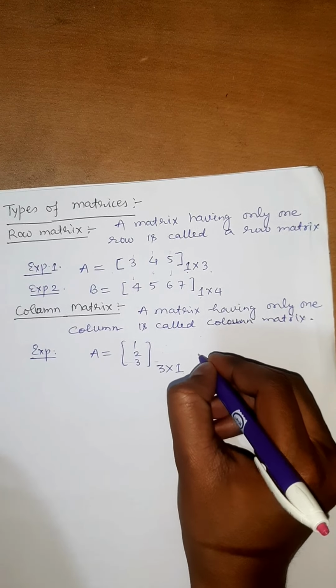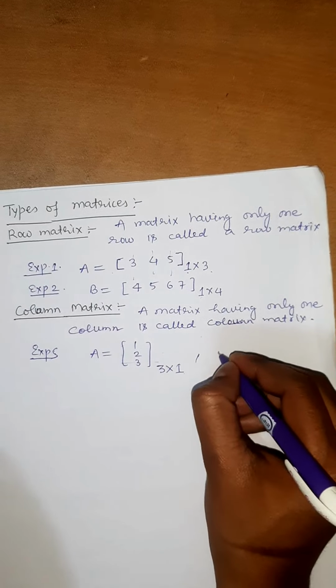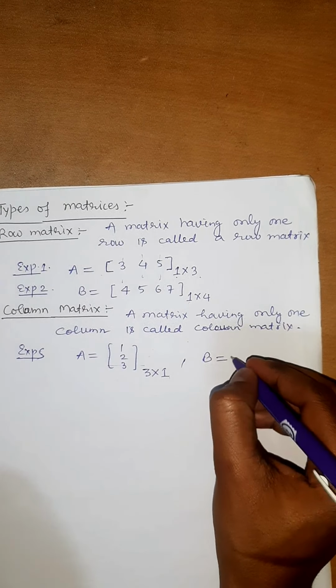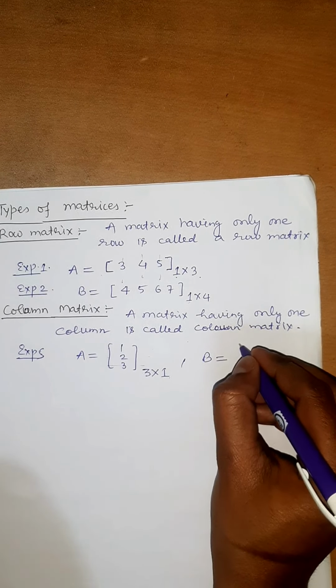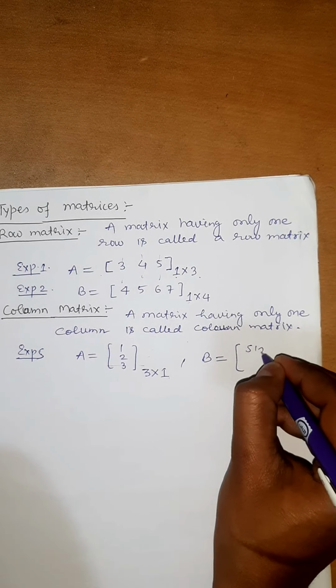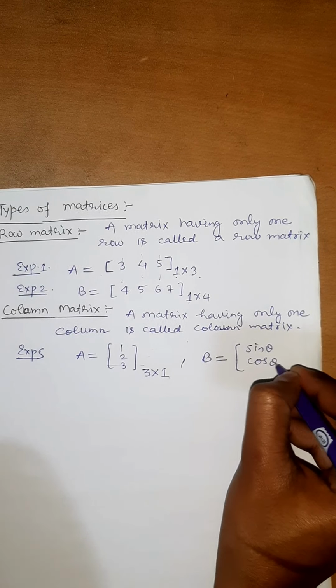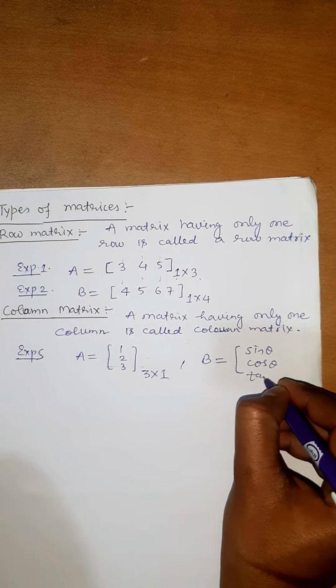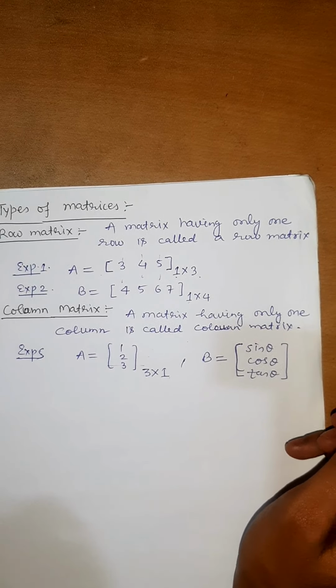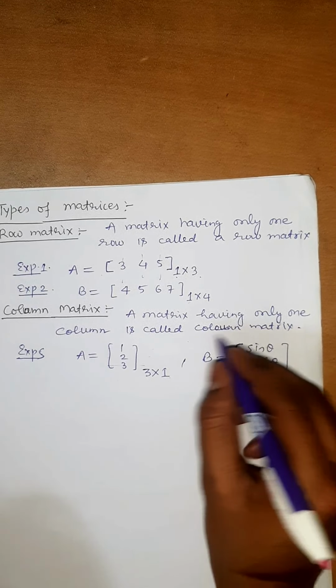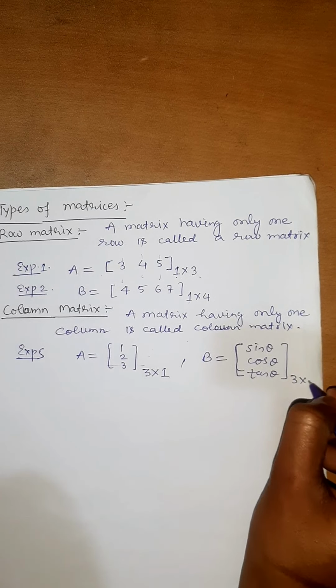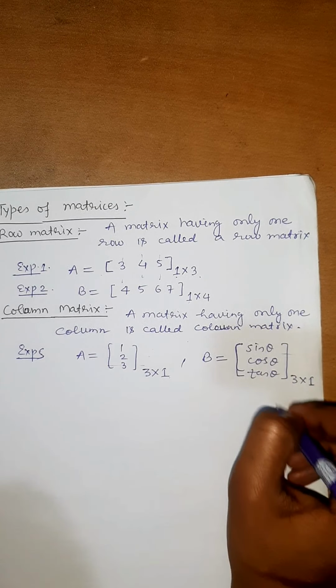Now another example is any matrix B which has entries sin theta, cos theta and tan theta. So this matrix is also of order 3 cross 1 because there are 3 rows and 1 column.